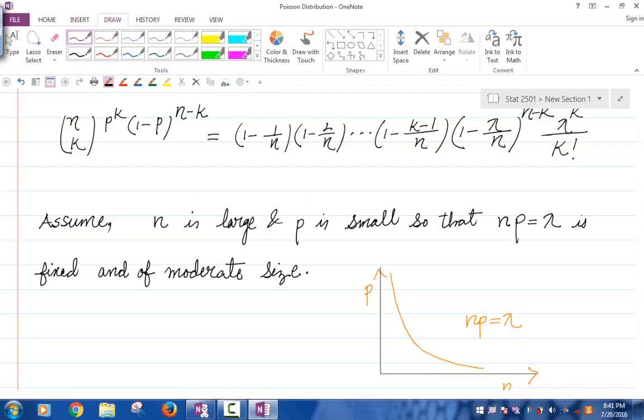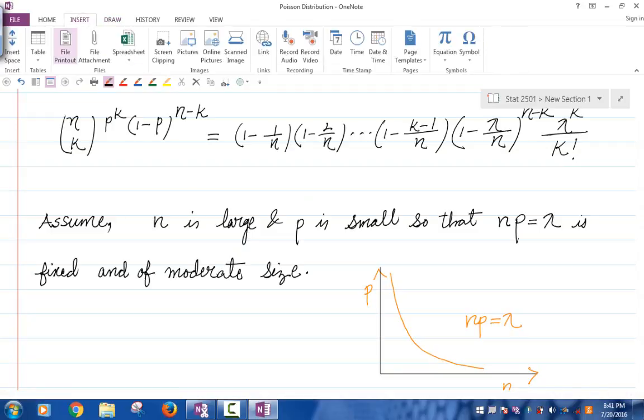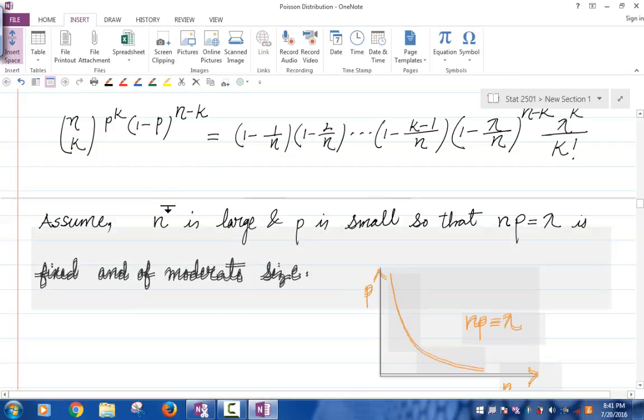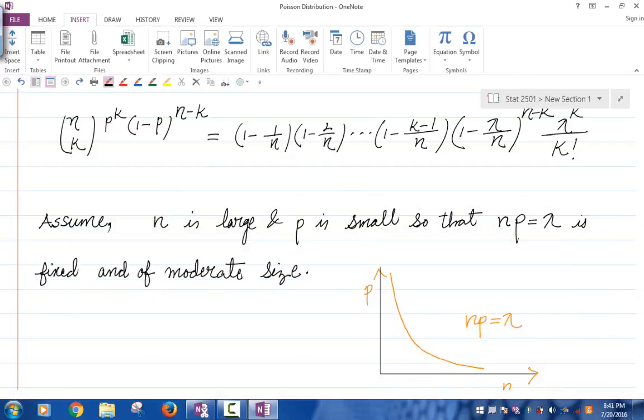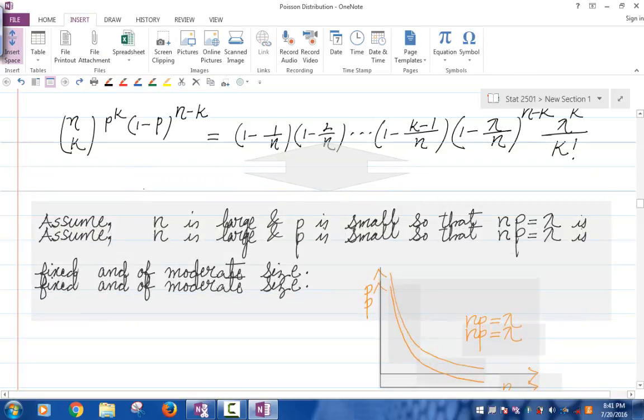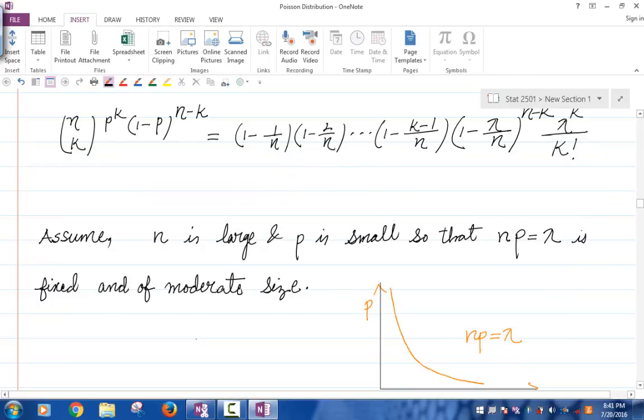I'm going to assume that n is large and p is small, so that n times p remains the same lambda. I want lambda to be fixed.